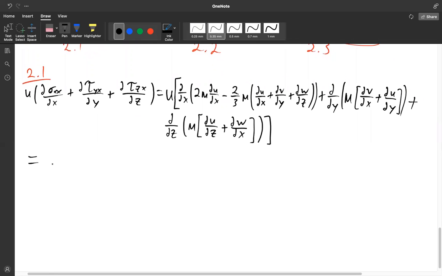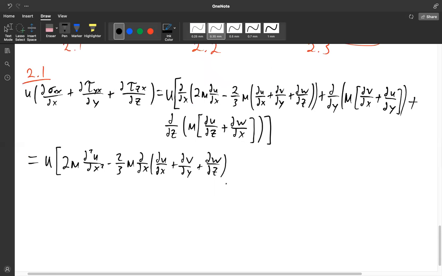This will equal u times 2 mu partial squared u partial x squared minus 2/3 mu partial x of partial u partial x plus partial v partial y plus partial w partial z, plus mu partial squared v partial x partial y plus mu partial squared u partial z squared plus partial squared w partial x partial z.